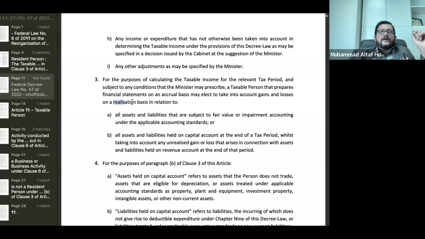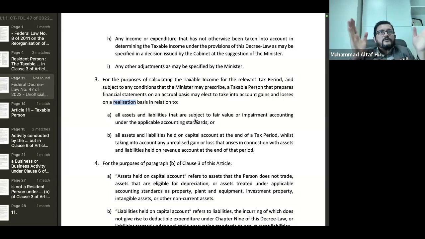Do you know where this will become very relevant? In case of insurance business, even in banking business, or even in investment business. Why? Because investment management companies and funds have the biggest chunk of accrued mark to market adjustments. Even in case of investment properties, different standards are there.